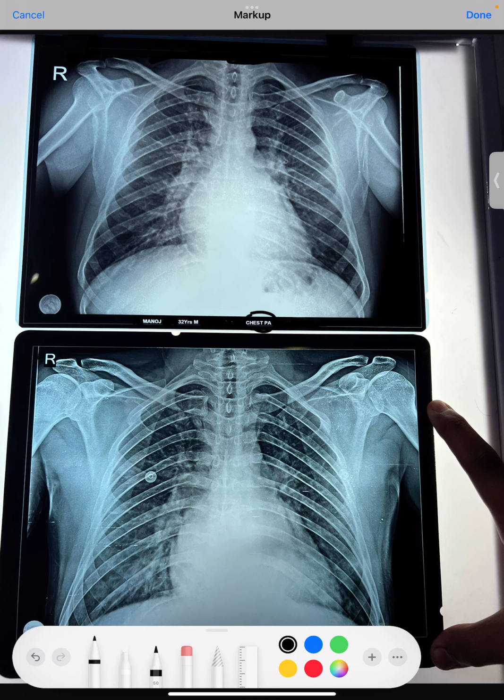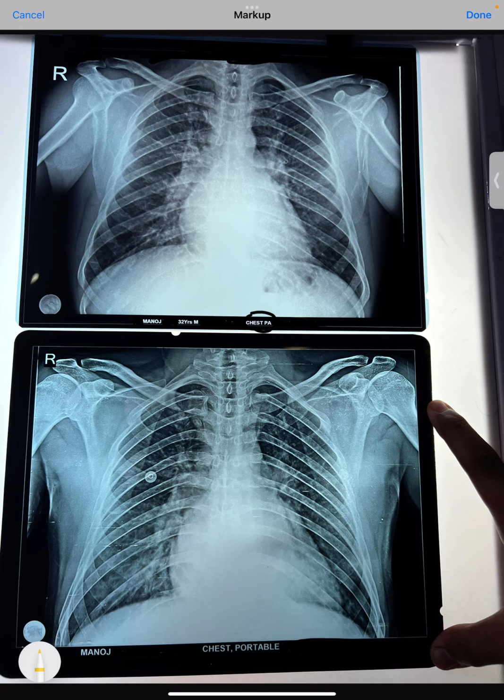So this is PA view, where the X-rays are focused from behind the patient and the X-ray film is kept anterior to the chest, that is called PA view. And PA view is taken from a distance, so the distance between X-rays and the film remains more when compared to AP film.